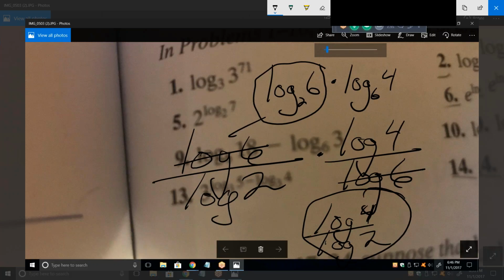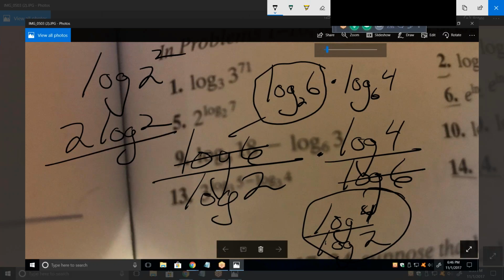At least not that I can tell. Yes, I can. Let's look at the log of 4. The log of 4 is actually the log of 2 squared, right? Yeah. So I can write that as 2 log of 2, and I'm dividing it by log of 2. Those cancel, and this is equal to 2.